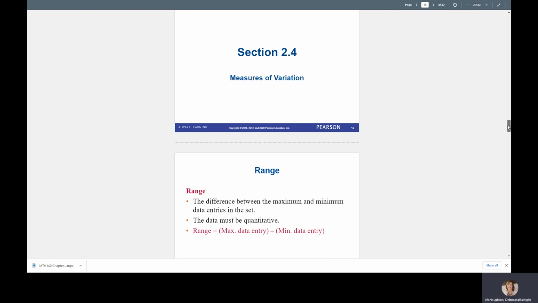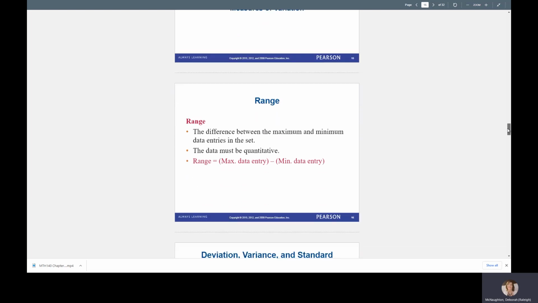There are many ways we can measure the variation. The first one is the range, which we already talked about. The range of the data is just the maximum value minus the minimum value. The data has to be quantitative for the range to make sense, but we just take our maximum entry minus our minimum entry, and that is the range.